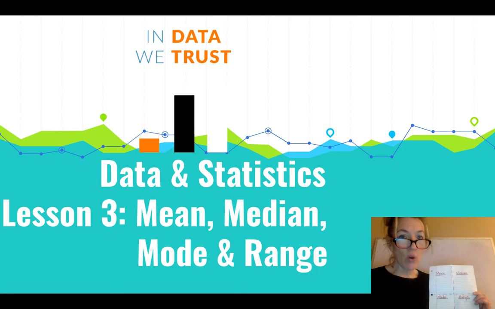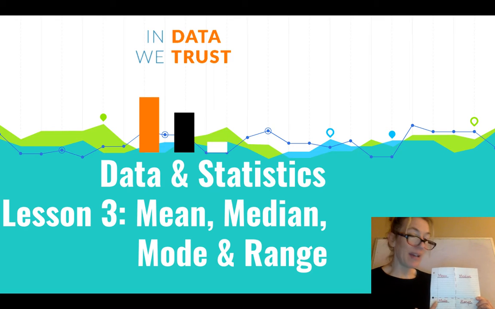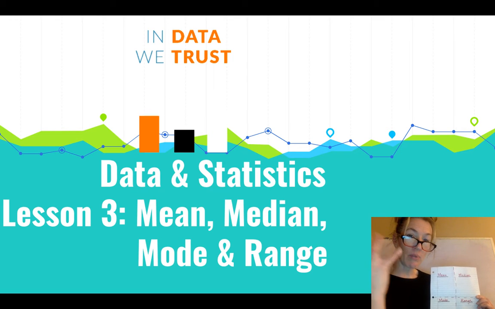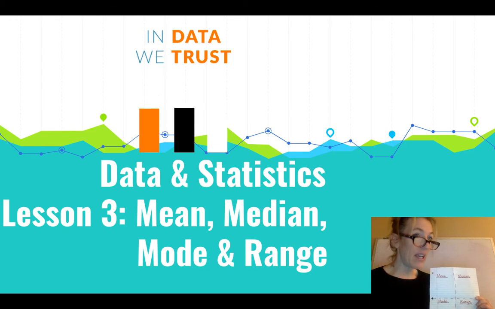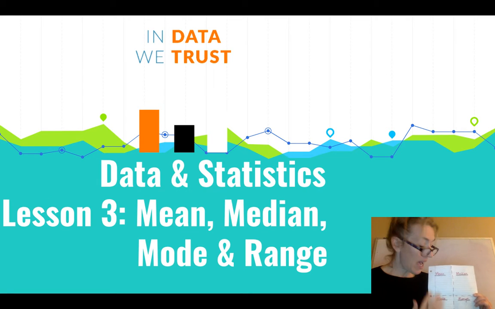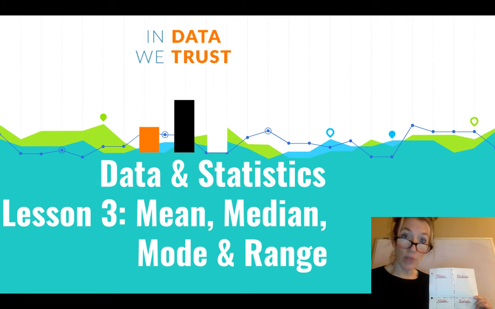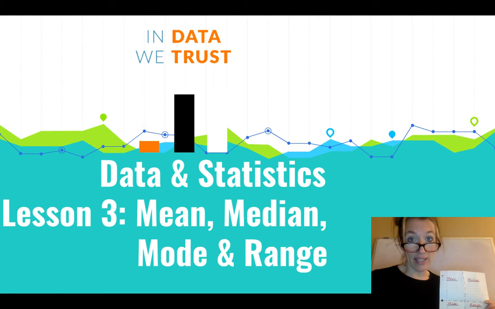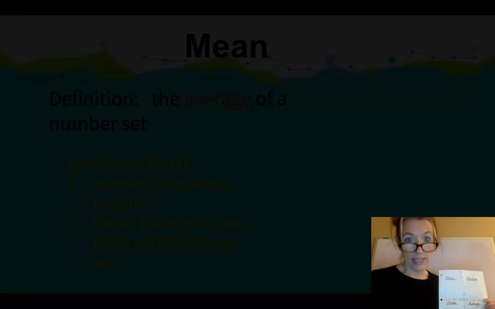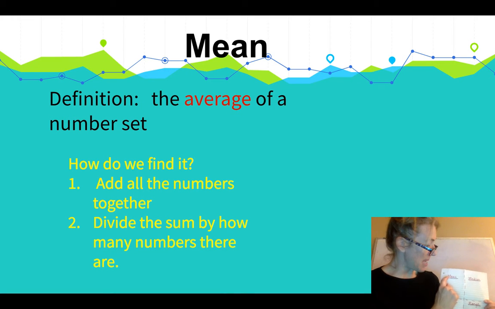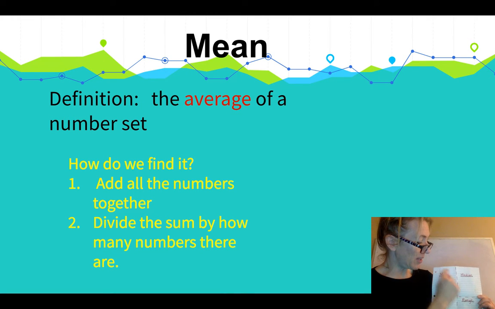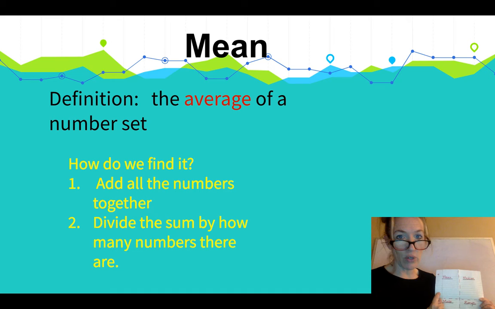So, of course, we're talking today about data, and sometimes when we collect a whole bunch of data or we're analyzing data, these are the kinds of terms that we use and the ways that we analyze our data. So let's begin with the term mean. If you'll write in the upper left-hand quadrant of your notes, of course, I do want you to put this in your math journal.